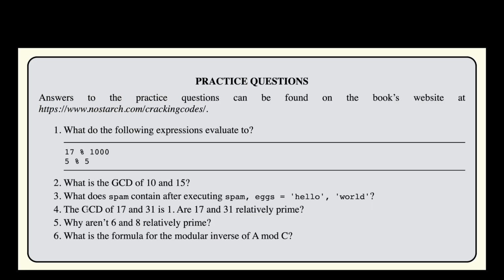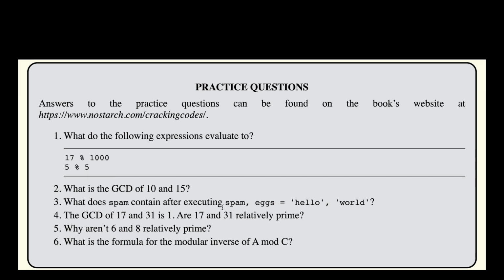The next question, the greatest common divisor of 17 and 31 is 1. Therefore are 17 and 31 relatively prime? We know that the definition of relative primes is that the two numbers only have a greatest common divisor of 1. So they're not divisible by other numbers, just by 1. And since that's the case, they are relatively prime.